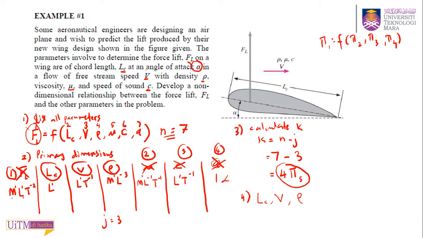So my advice again, invest more time in step 2, the primary dimensions. I will give you another example tomorrow, we do it tomorrow again together. And in step 2 we must be very careful. Make sure the primary dimension is correct for all of these parameters. Otherwise, you will find a problem to solve this problem.